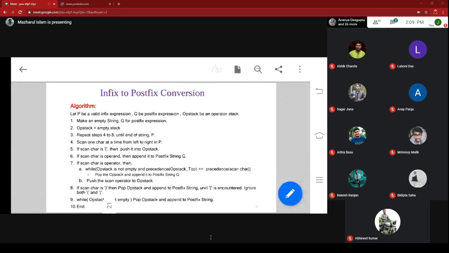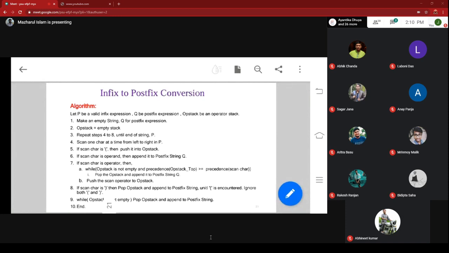If it is an operator, then you have to think over it. You consider this operator and see what is at the top of the operation stack.